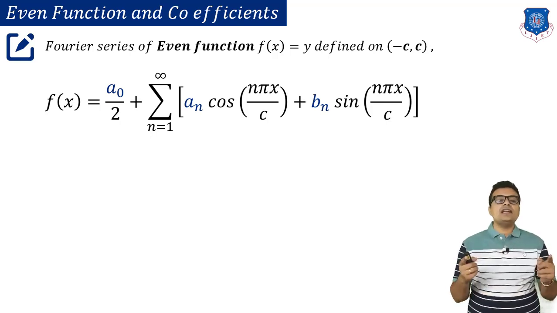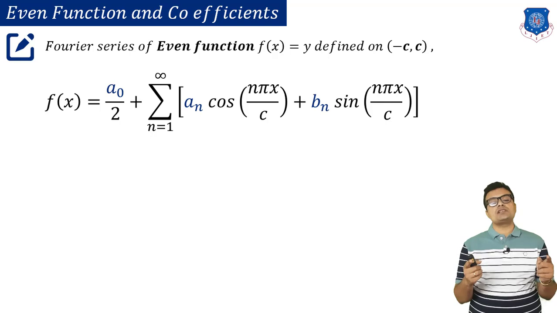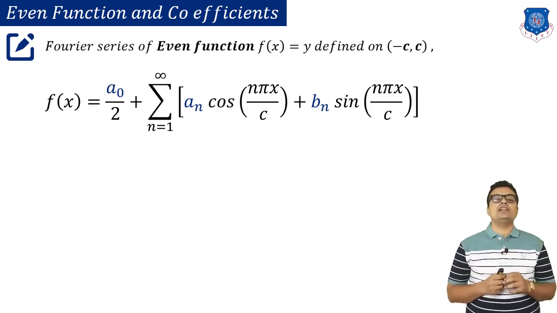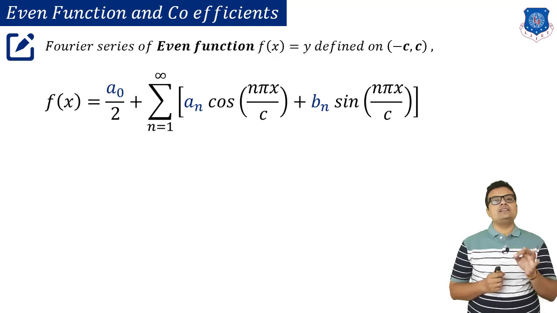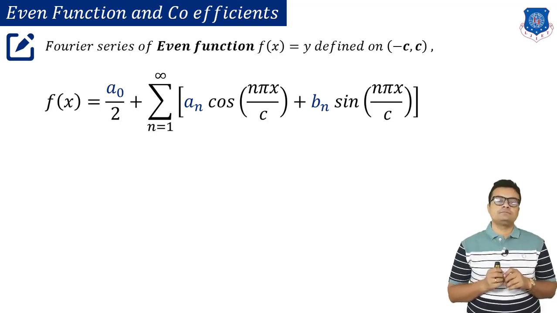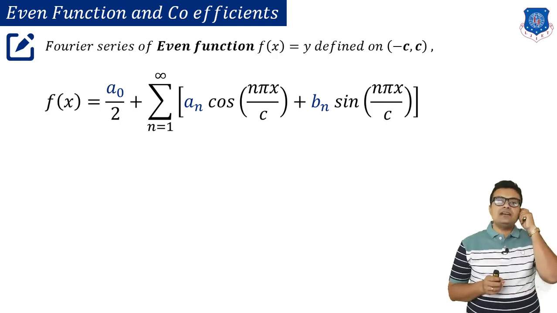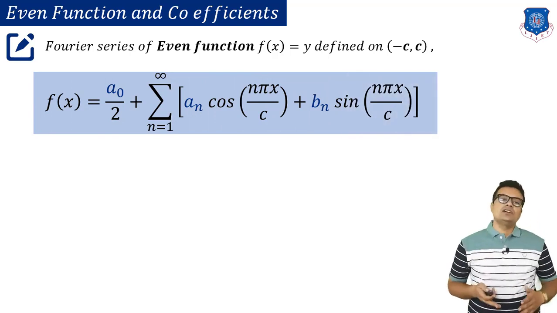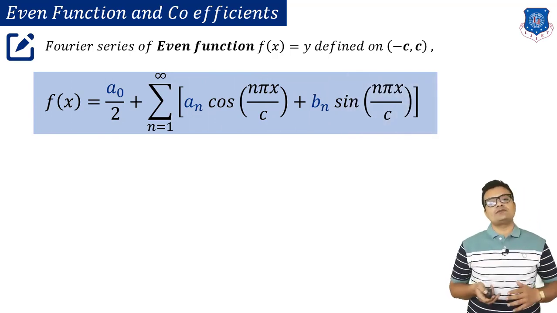That means the total length of this interval is 2c, so capital L is equal to c. This is how you should calculate capital L: it is nothing but half the length of the given interval. So I am replacing every value of capital L with small c. This represents the Fourier series for an even function.